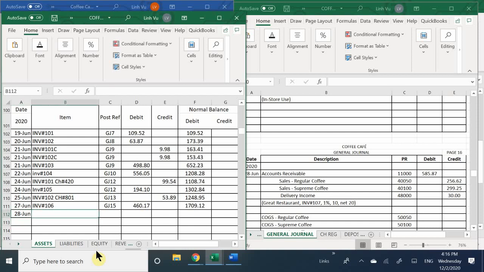Okay, and the date is the 28th. Invoice number 107. Still on journal 15? We just started a new one. Oh, crap. So on 16. Let's see, where's journal 16.